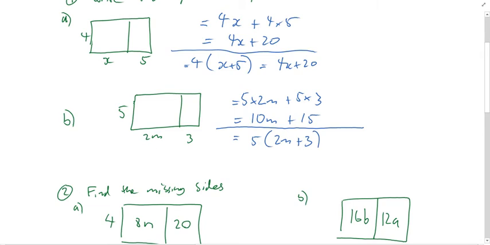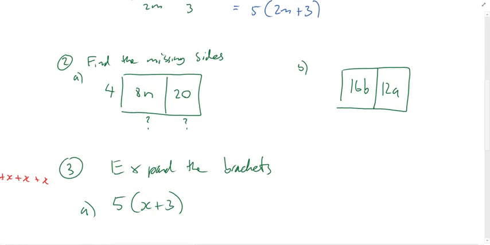So there's my two ways for that one. In this one, we're finding whatever these sides are. In this one, I've gone 4 times something has got me 8n. Well, I know that 4 times 2 is going to give me 8, and I'm missing the n, so I'm going to make that n.